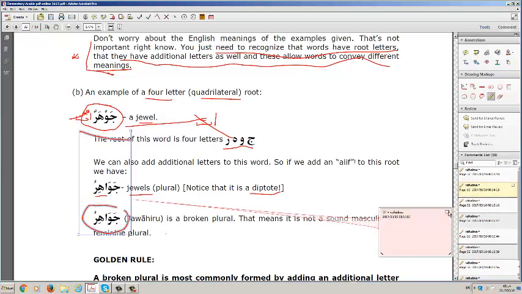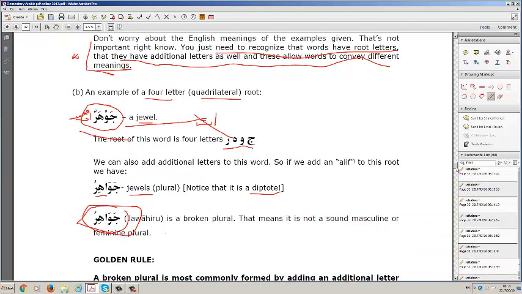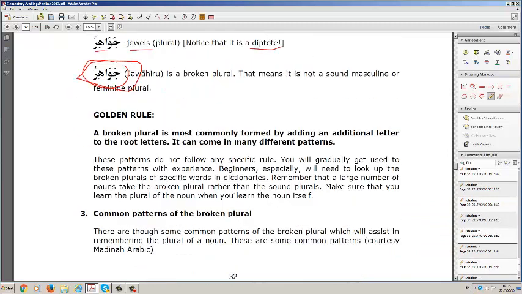And that is significant because you can't predict this. You can't simply say you've got to add an atun. It's a specific word that takes a different type of plural, and a broken plural does occur in patterns, we will see, but especially at the beginning stage, they occur in unpredictable patterns.